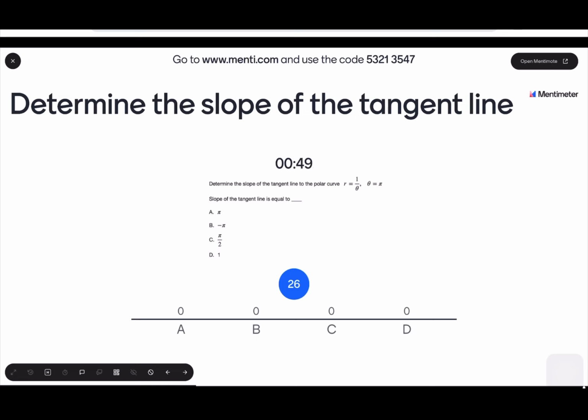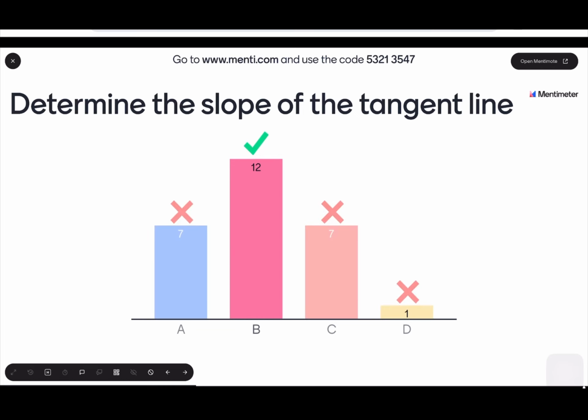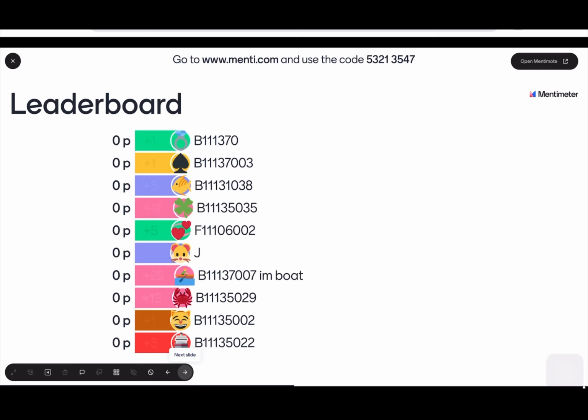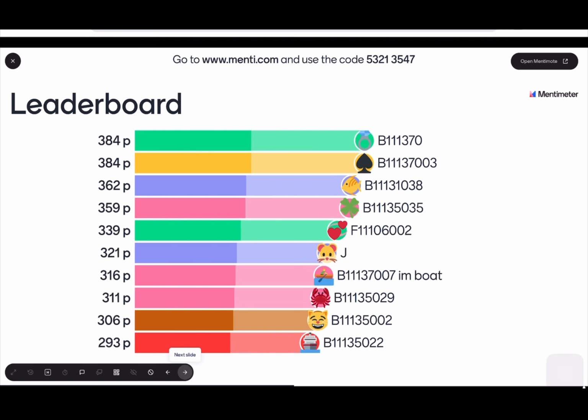And remember, x is r cosine theta, and y is r sine theta. Okay, the next question.